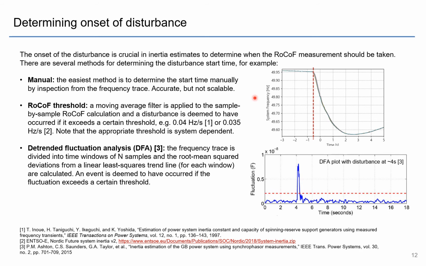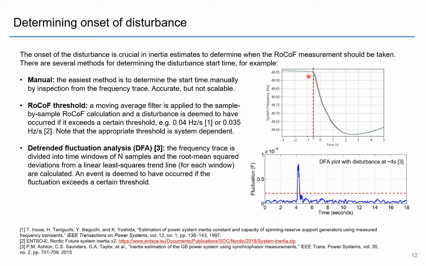A final option is to use detrended fluctuation analysis, DFA, where the frequency trace here is divided into blocks of time windows. So there's n of them. And in each time window, you're basically getting the trend line. So you're getting each trend line here.